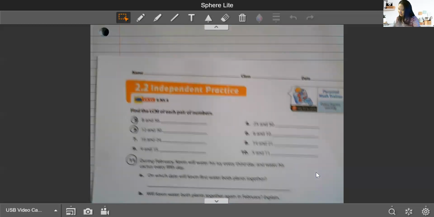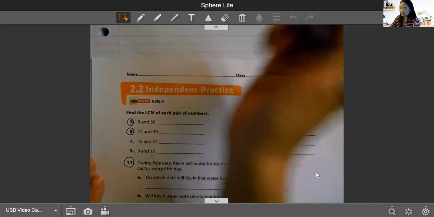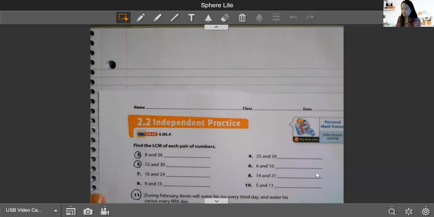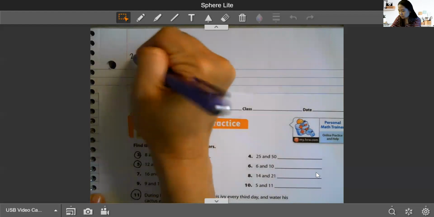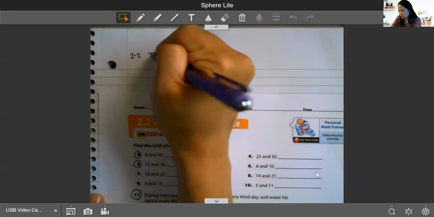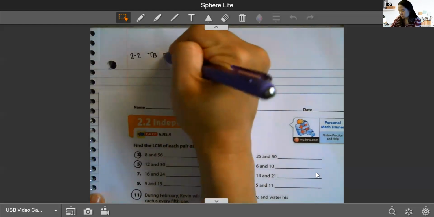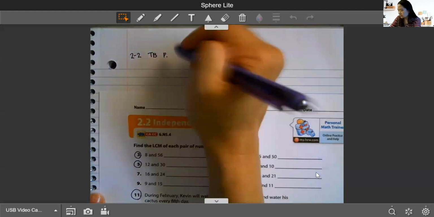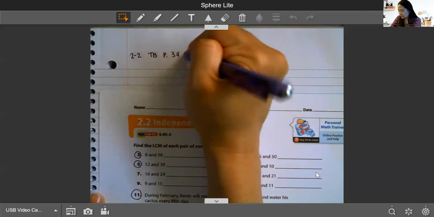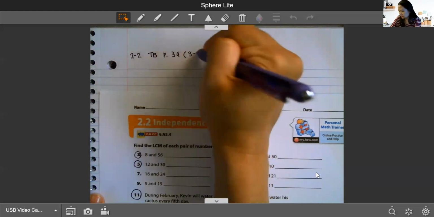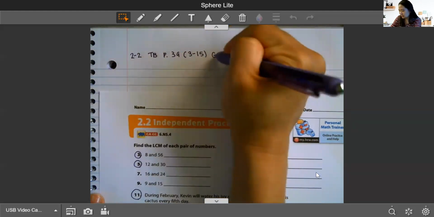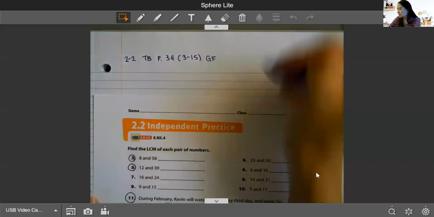So the first thing I'm going to do is write the homework heading, 2-2, textbook, page 39, numbers 3 to 15, and I like to write Google form. Don't forget to write your name, date, period.